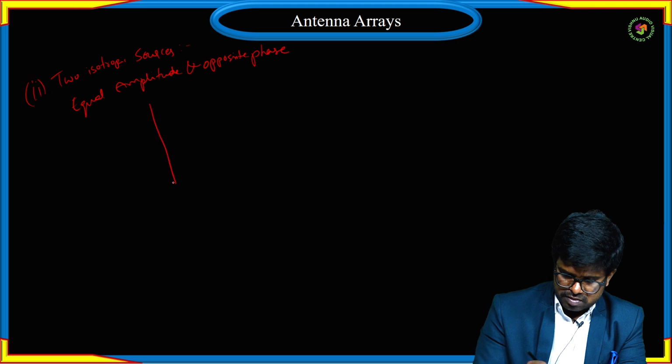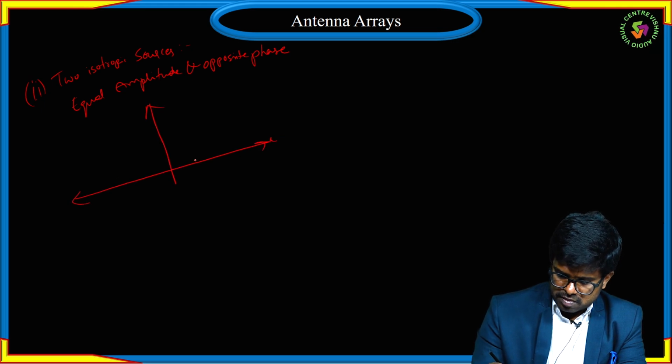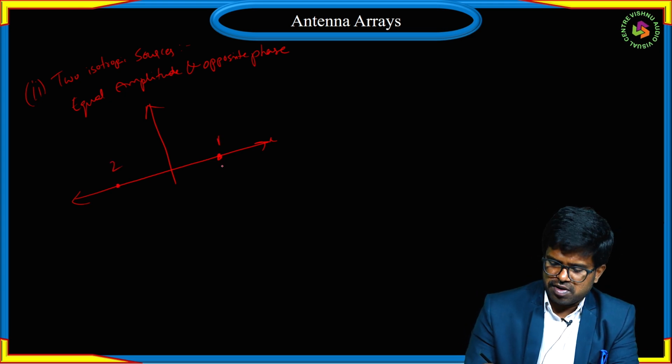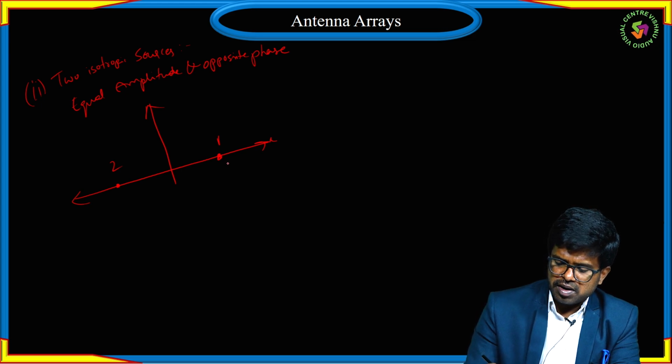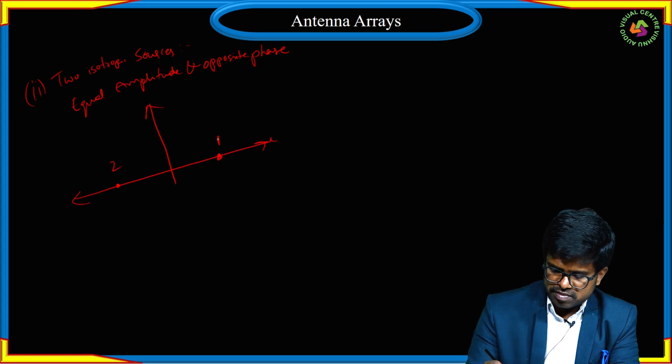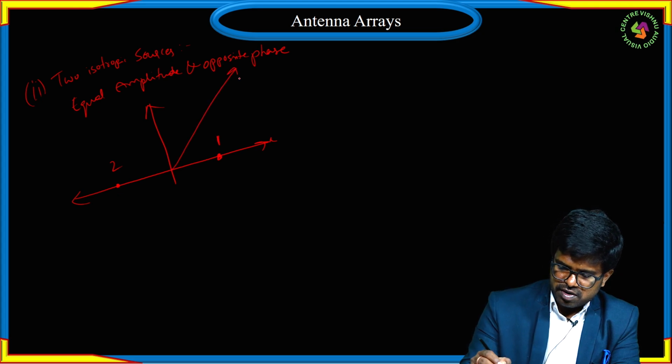That means whatever sources 1 and 2 we are taking, they have the same field component, equal amplitude, but opposite phase. Then we get the resultant field component in the phi direction.